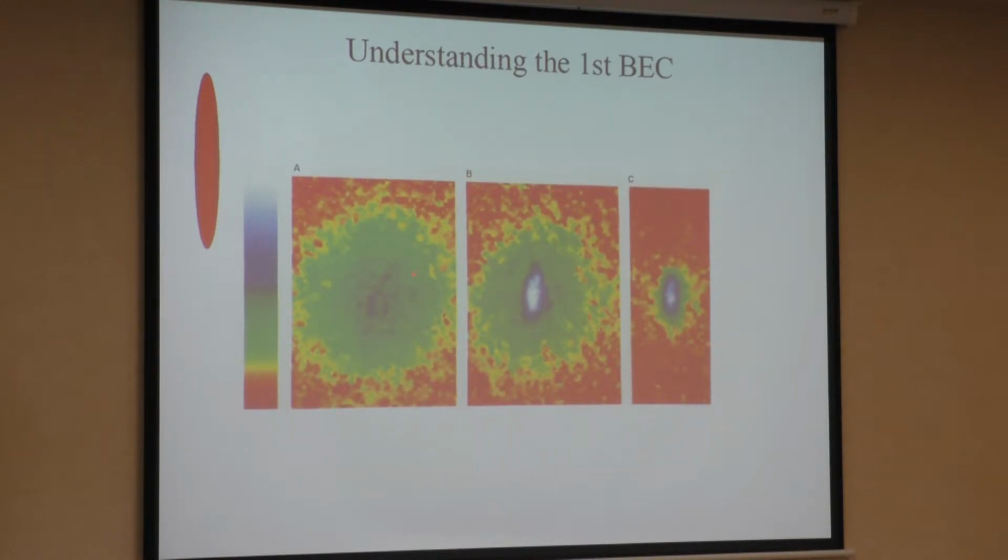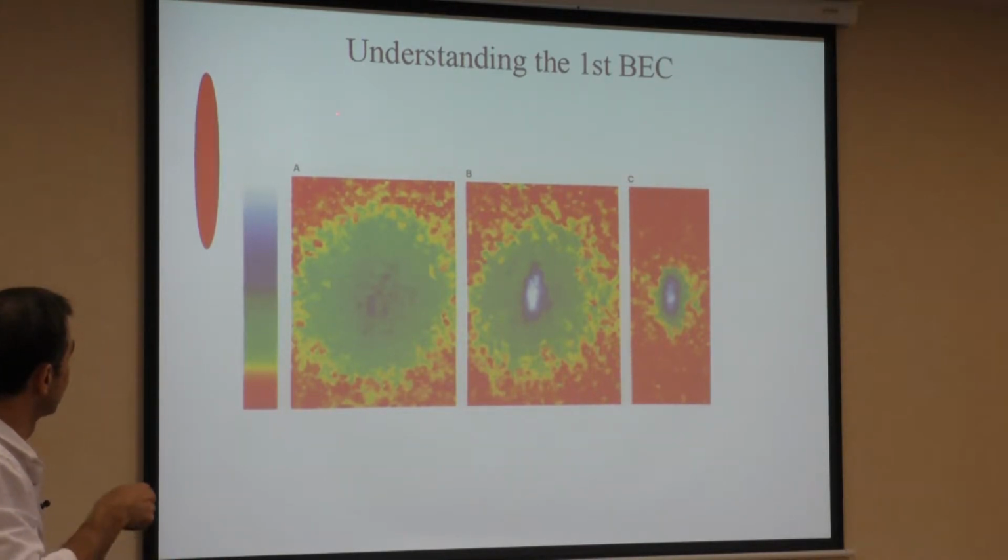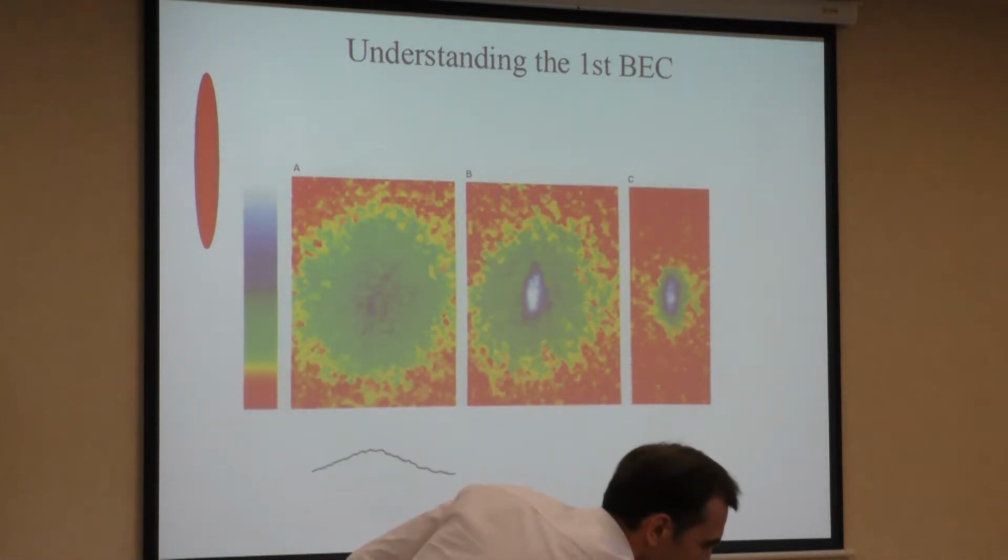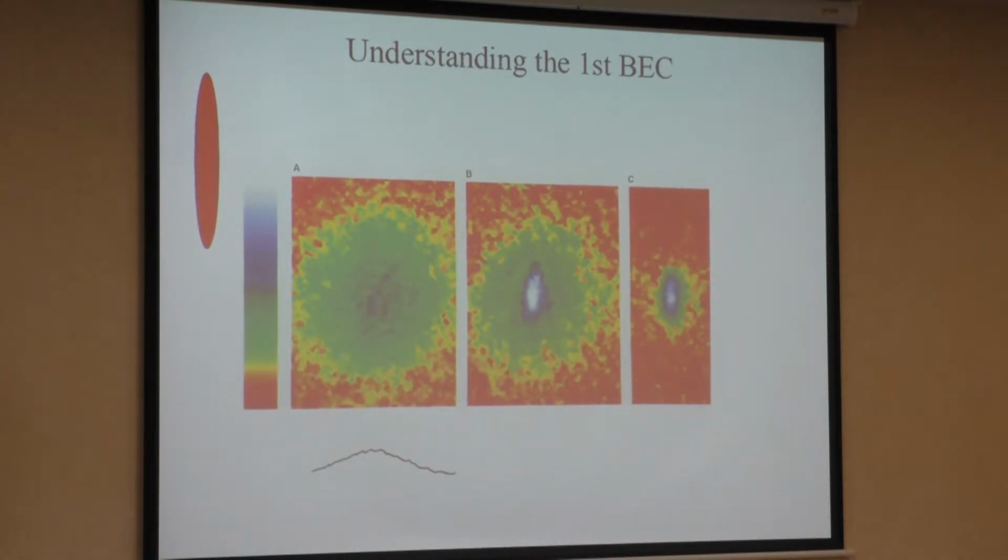So at the highest temperatures, though they did not know the temperature, with the smallest amount of cooling, the gas was just expanding into a sphere, and then you could integrate this image along the vertical coordinate, and this would be the distribution of the density along one direction, a more or less Gaussian-looking distribution.